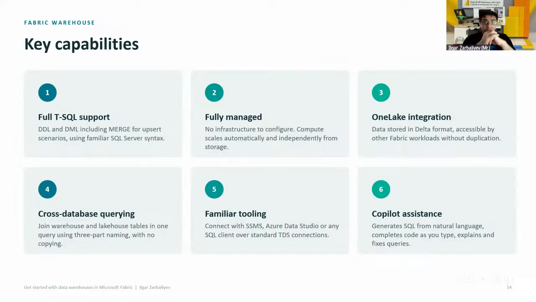Six capabilities that define the Fabric warehouse. I will go through them quickly, but each one removes a real problem that used to cost teams time. One, full T-SQL support, DDL and DML, including merge for upsert scenarios, using familiar SQL Server syntax. Your existing SQL skills transfer directly.